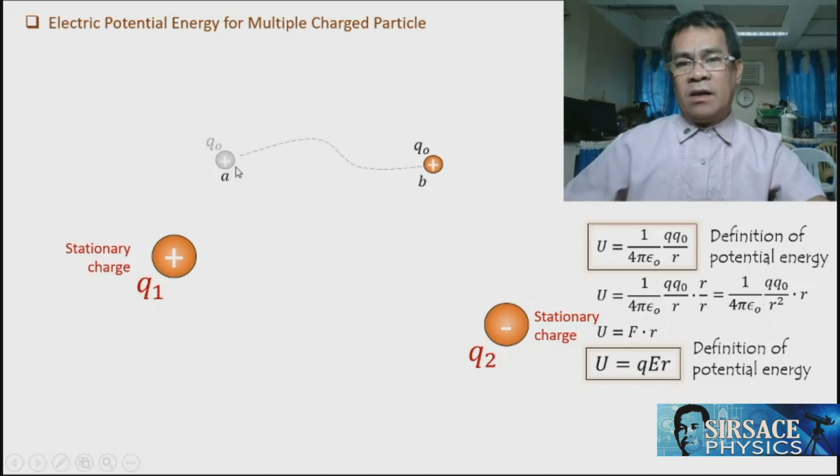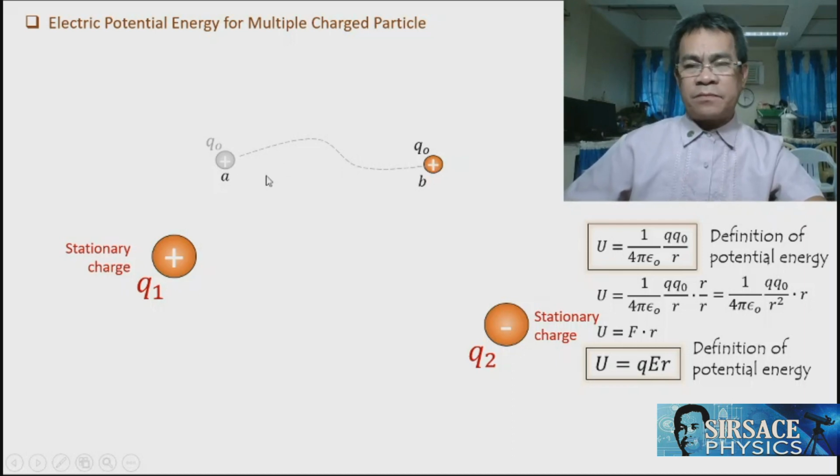By the way, if you are asked to find the energy or the work done, take note, the work done by the charged particle is the negative change in potential energy. So therefore, the work done by that charge does not depend on the path or how it arrives at that point.